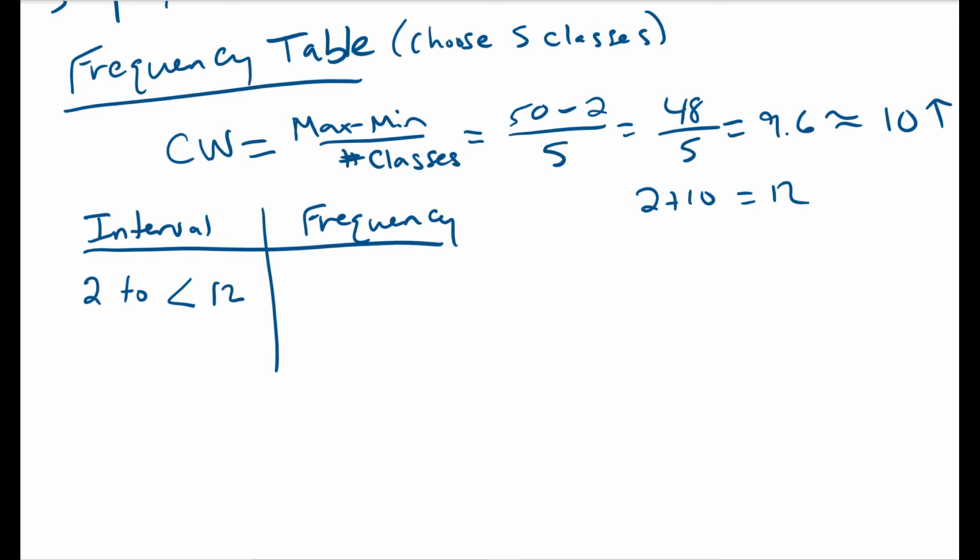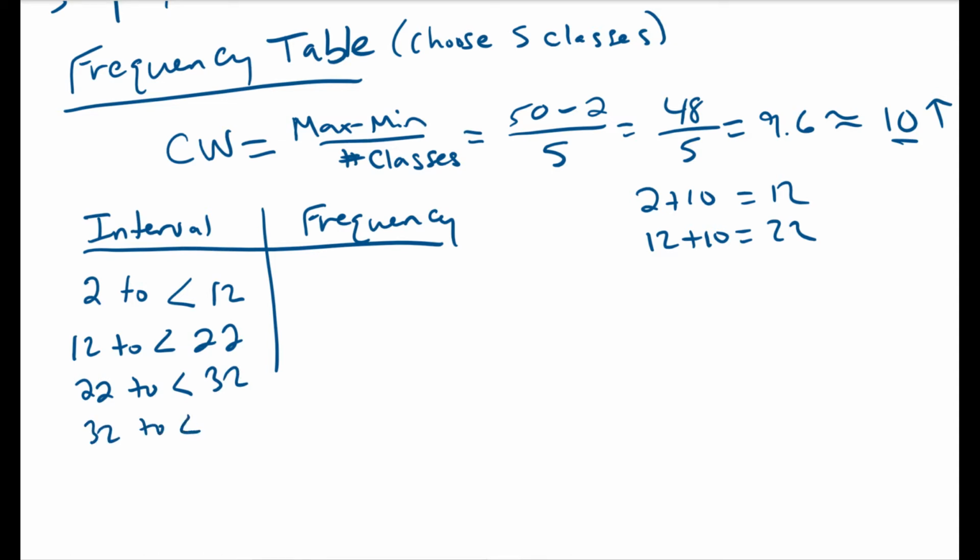The next one's 12 plus 10, which is 22, so it's from 12 to less than 22. Next one's 22 to less than 32, 32 to less than 42, and 42 to less than 52.